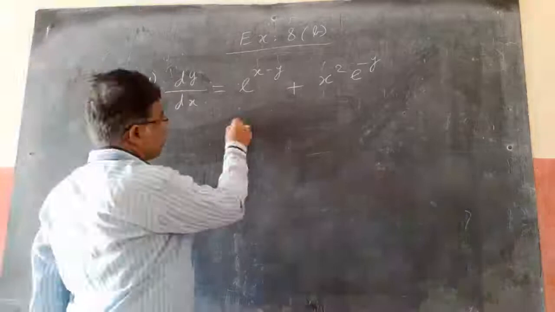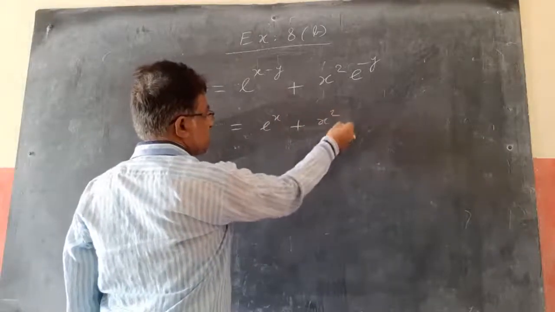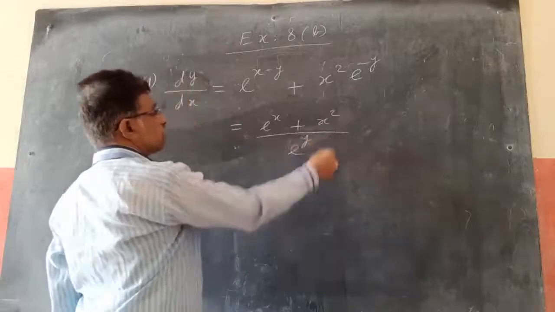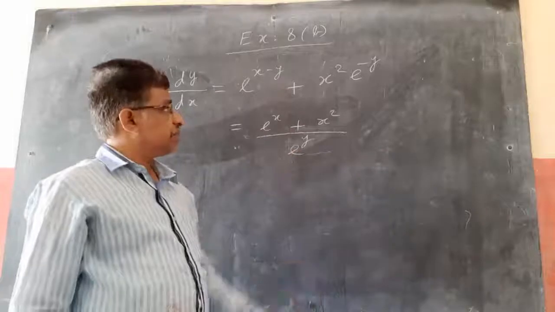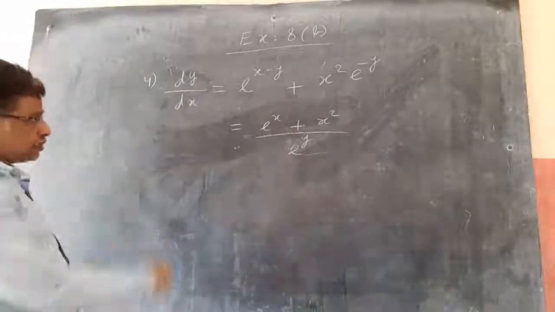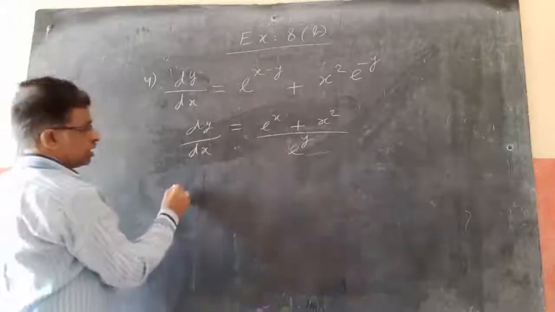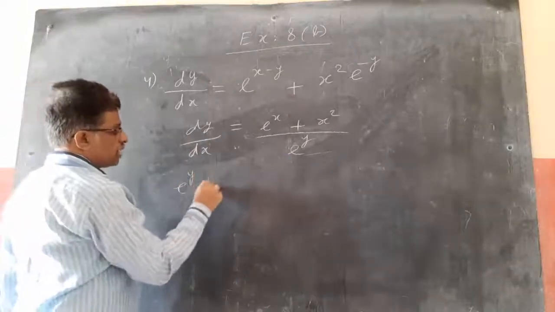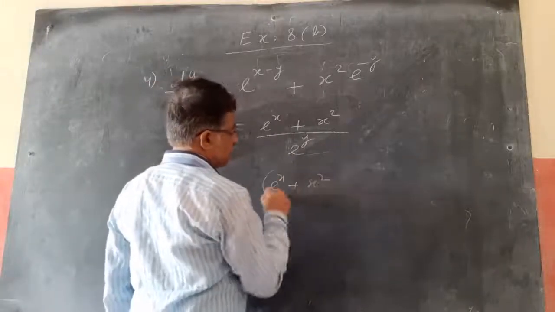You can write e power (x minus y) as e power x by e power y, and this is x square into e power y. Taking e power y as LCM, it becomes e power x plus x square by e power y. Now I can bring e power y to this side, and dx to that side. So e power y into dy equal to (e power x plus x square) into dx.